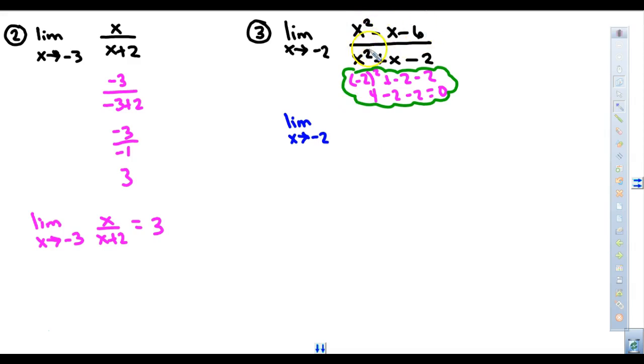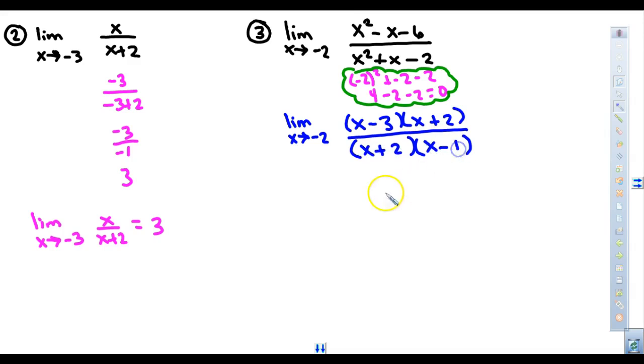So we're going to factor this. So this factors into what? Let's say x minus 3 and x plus 2. And then on the bottom, this factors into x plus 2 and x minus 1. And see, we've got it factored. Now we're going to cancel out these common factors right here. We're going to cancel out the x plus 2's.